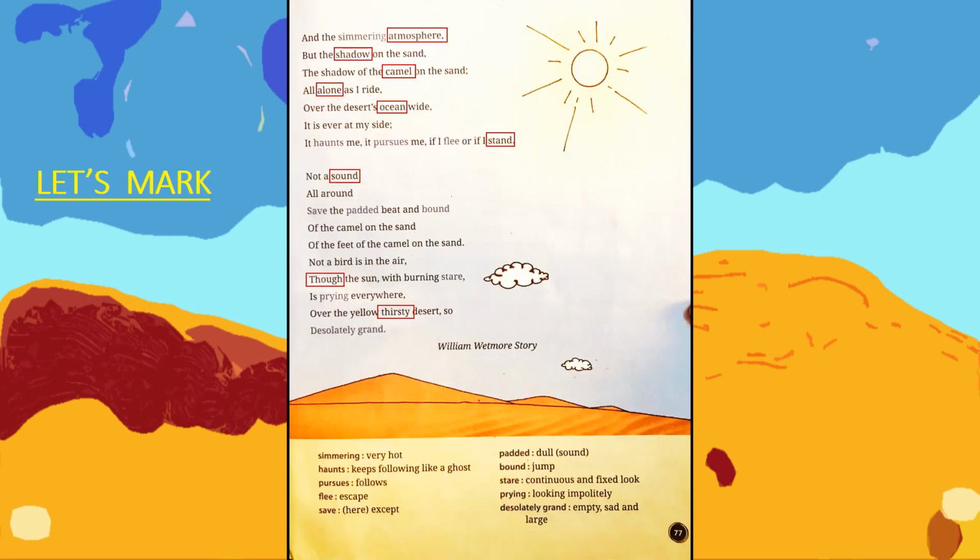On the next side of the page, we had 9 new words: atmosphere, shadow, camel, alone, ocean, stand, sound, though, and thirsty. So in all, we had 15 new words that we marked in our last video.